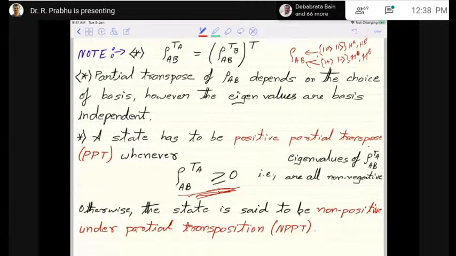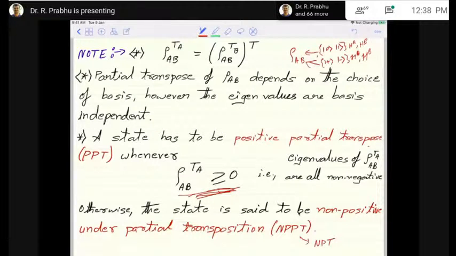Otherwise, the state is said to be non-positive under partial transpose, or NPPT, or NPT in general. So this PPT and NPPT is very important, and most of the time the state is NPT. This is a very important feature when it comes to the partial transpose operation.